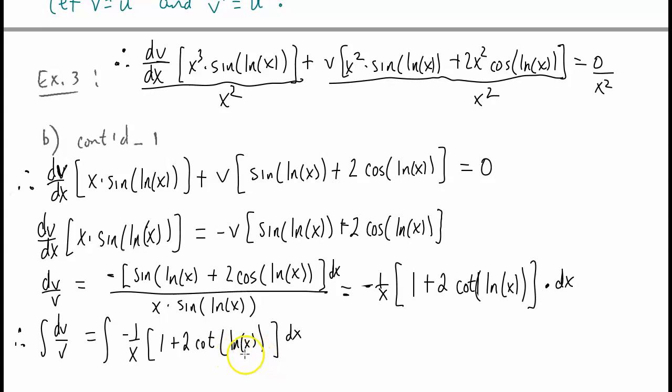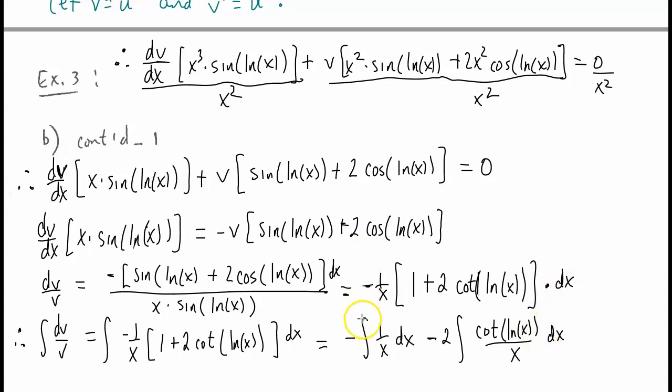All right, so here at this point, of course, we could take the antiderivative of 1, relatively simple, but here, remember, we got this -1 divided by x. So really what this is, and I'm going to go ahead and distribute this -1 divided by x here, is we have a minus integral of 1 over x dx, and then we have a -2 integral of cotangent of natural log of x all over x dx.